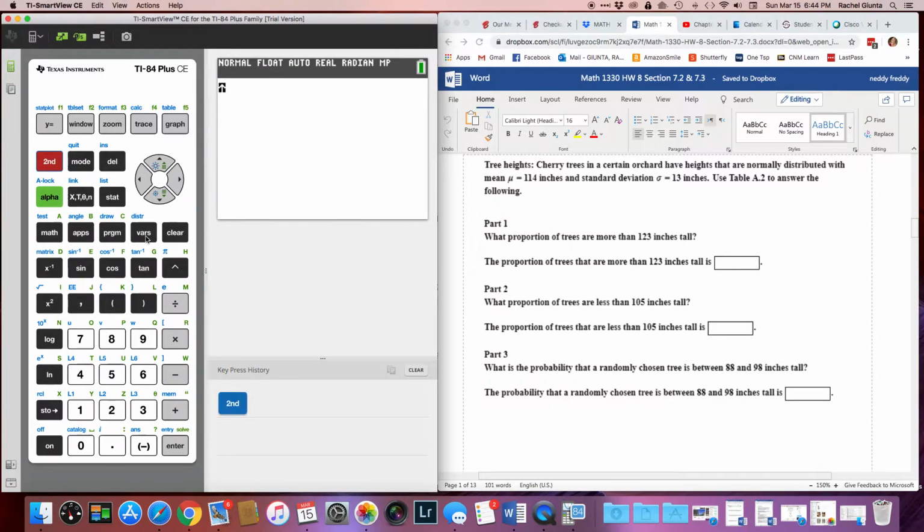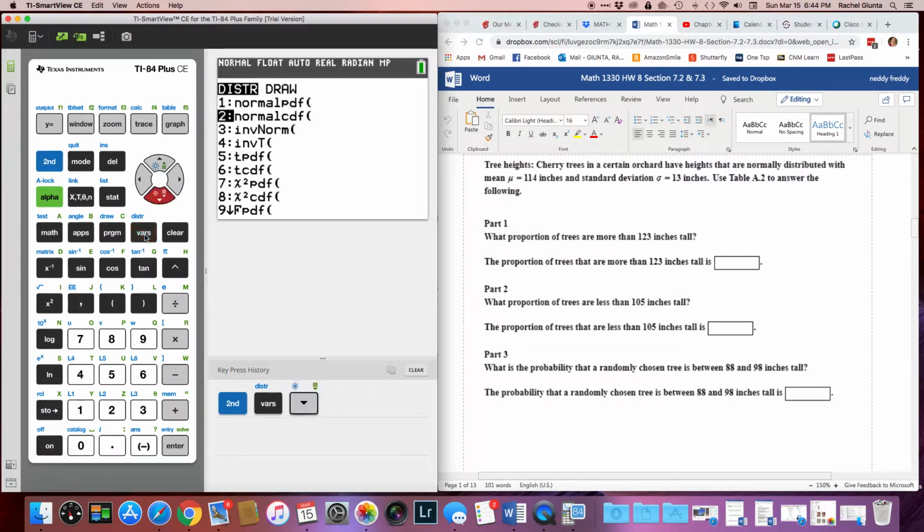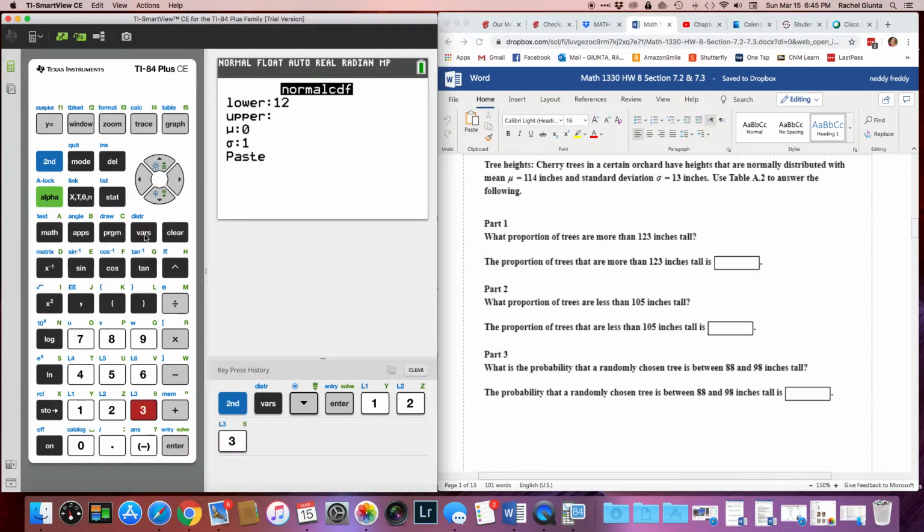Okay, so second, vars, normal CDF is where we're going to go for these, just like in 7.1. And now we want trees that are somewhere between 123 inches, and there's no upper limit on how tall the trees are that we care about. So we're going to use E99 as our upper limit.